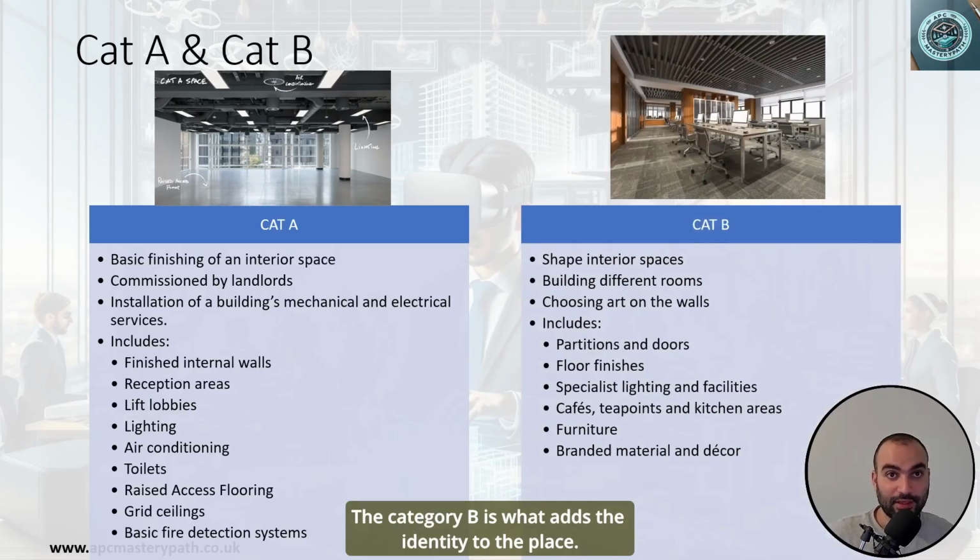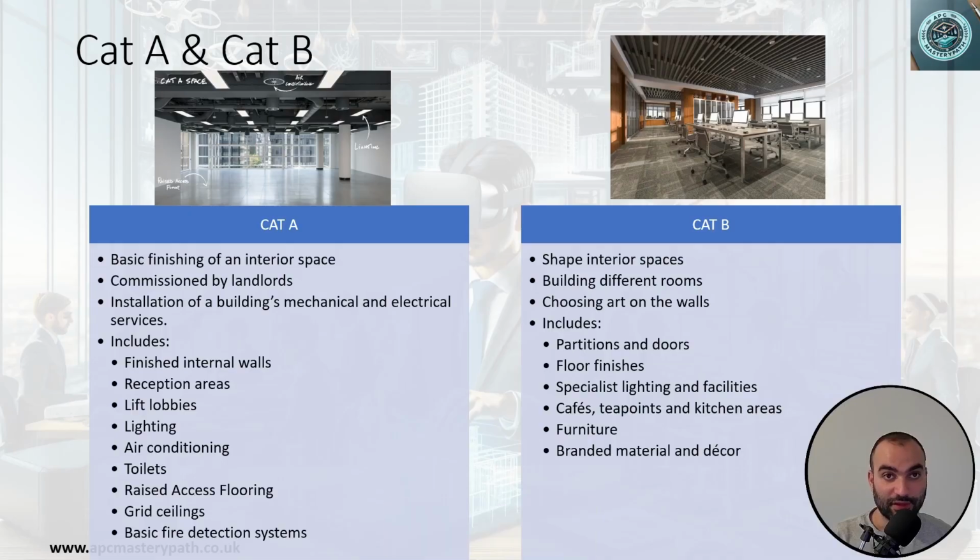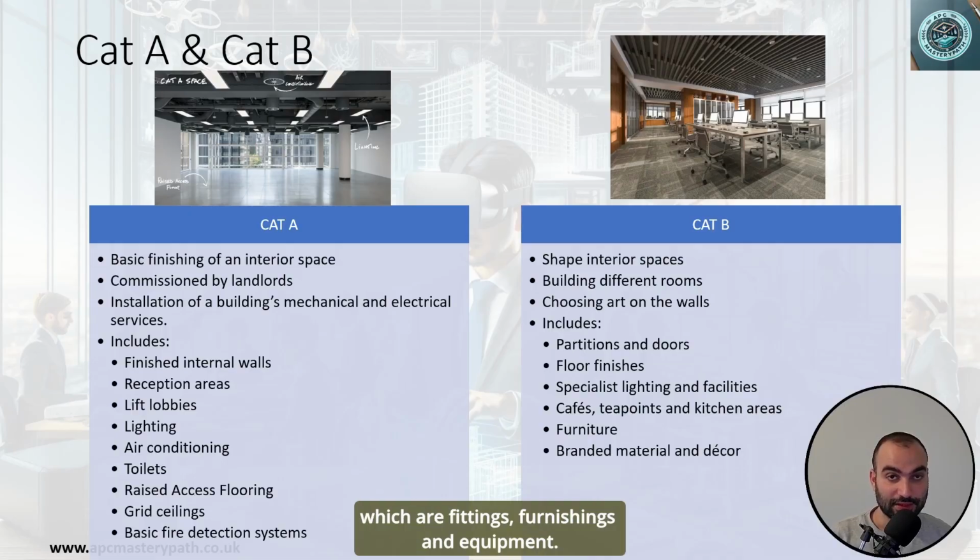The category B is what adds the identity to the place. So think of branding, think of specific partition walls and doors, think of the style of the furniture, think of desks, think of specialist MEP equipment, in addition to specialist lighting, the FF&E, which are fittings, furnishings and equipment.